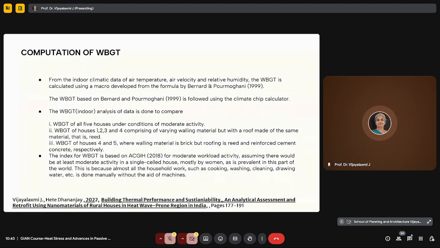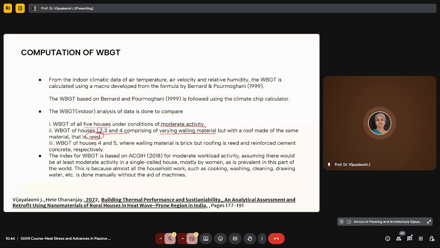Now the indoor analysis of data was done to compare the WBGT of all 5 houses under conditions of moderate activity, and the WBGT of houses 1, 2, 3, 4, which means houses with the same roof material but varying walling material, and roof made of reed.